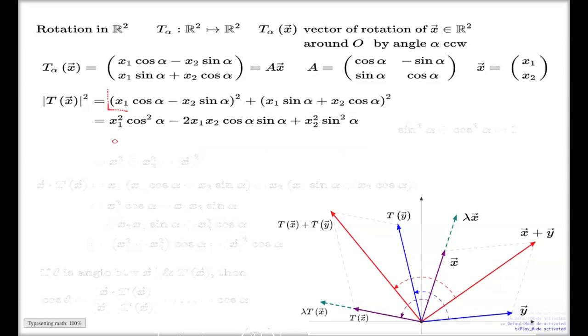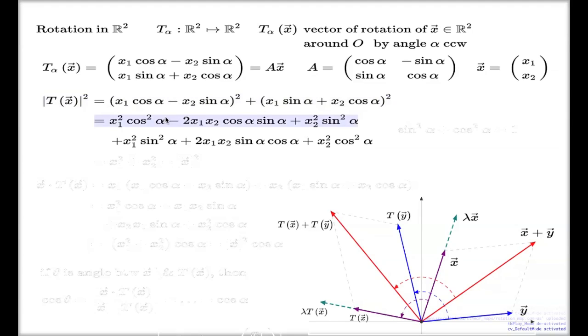Second binomial, here's the expansion. x1 square sine square alpha, double product, double x1 x2 sine alpha cos alpha, and the last square, x2 square cos square alpha. It's an expansion, a rather lengthy one, but we see lots of simplifications here, right?